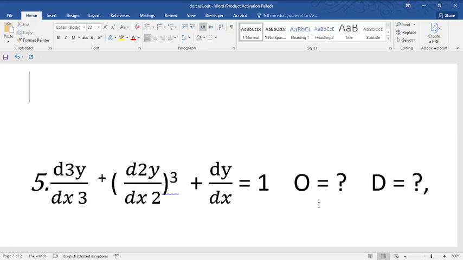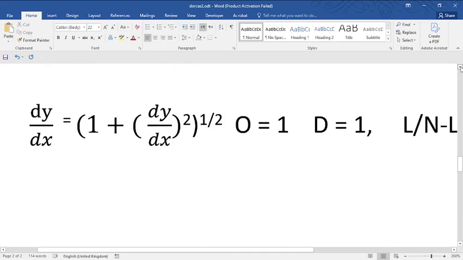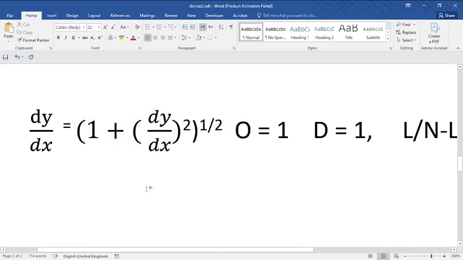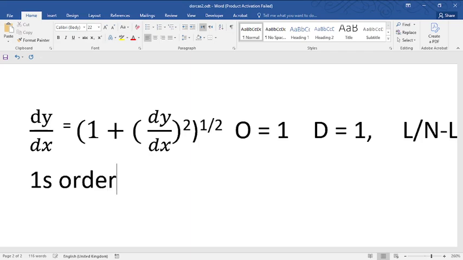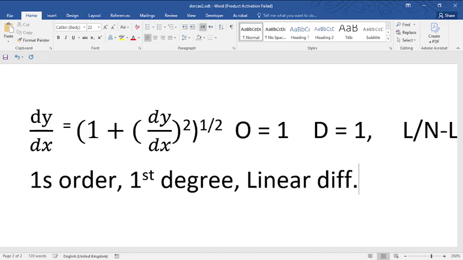And then if you now want to name this particular equation, what you are going to write is what? Since our order equals to 1, you are going to say first order, comma, and then first degree, comma, linear differential equation. That's the name of the equation.